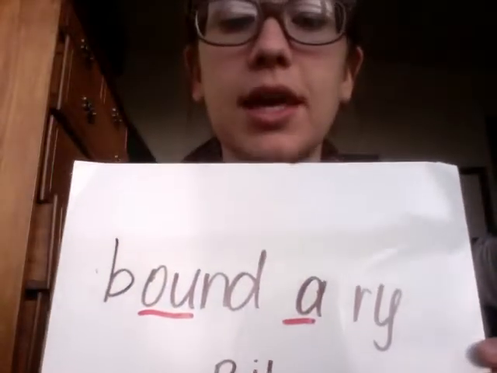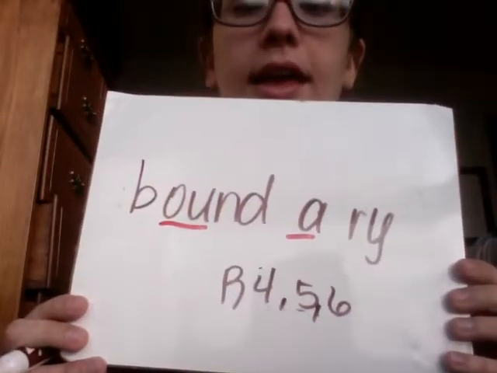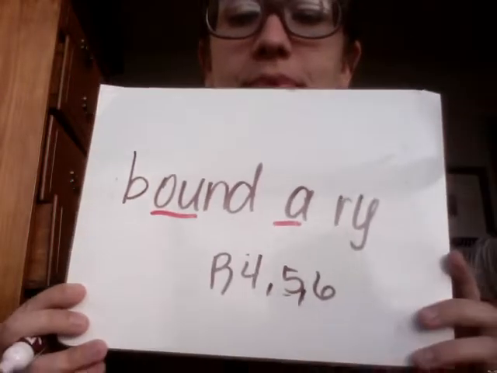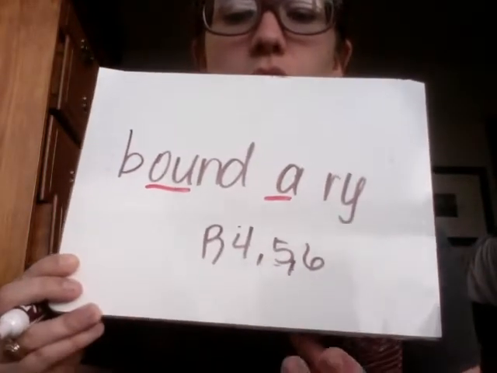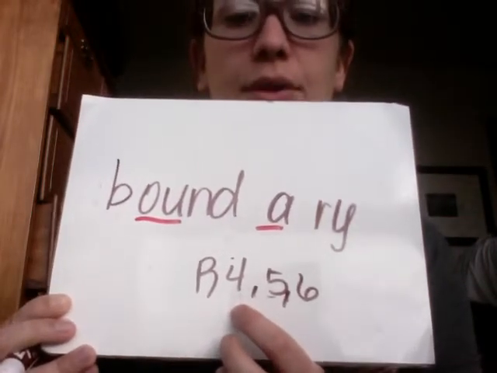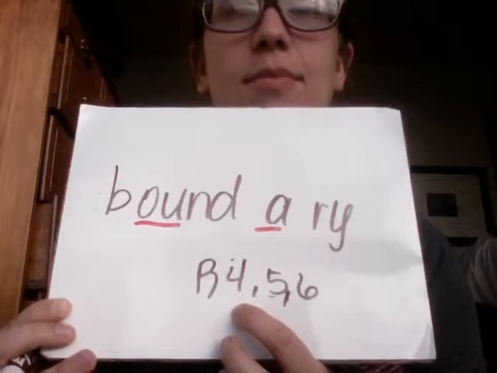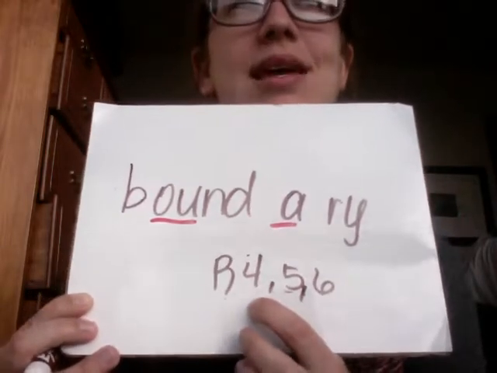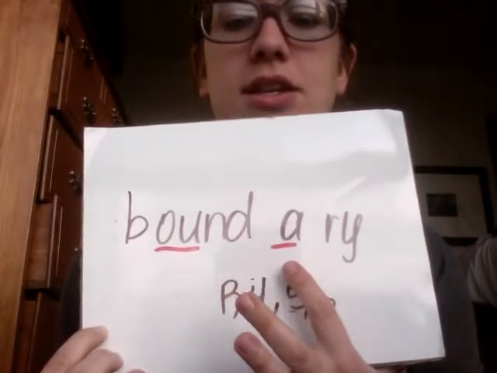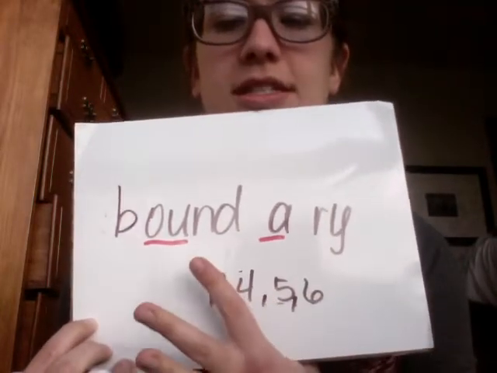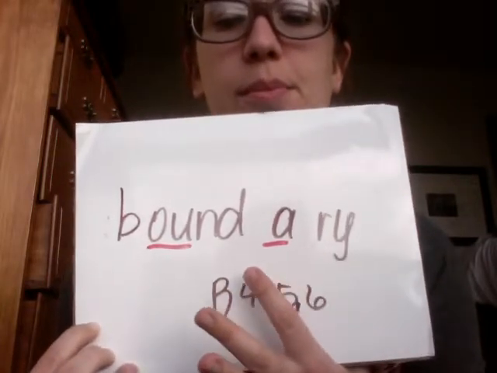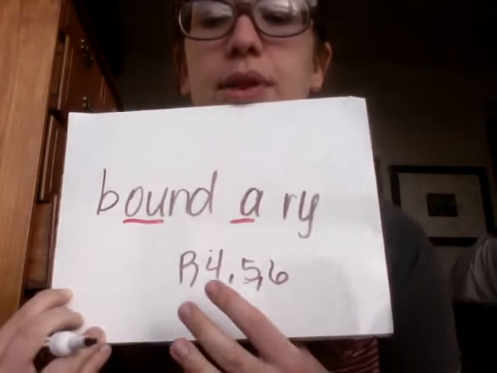Spell boundary. B-O-U-N-D-A-R-Y. We have a few rules. Rule 4, A says A. Here, boundary. It's the same as the last one. Even though it's by itself, it's not stressed. The stress is still on the first syllable. So we don't say a long A. But rule 4 still applies.